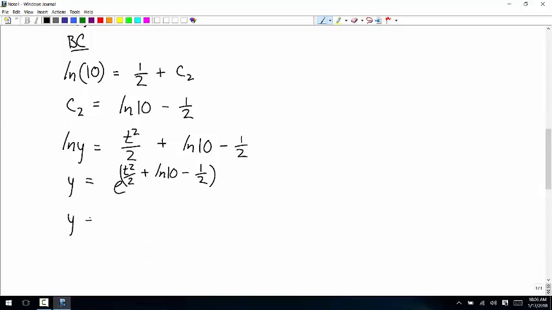And by the exponent rules, that's e to the t squared over 2 times e to the natural log of 10 times e to the negative 1/2 power. And that is equal to 10 times e to the power of t squared minus 1 over 2.